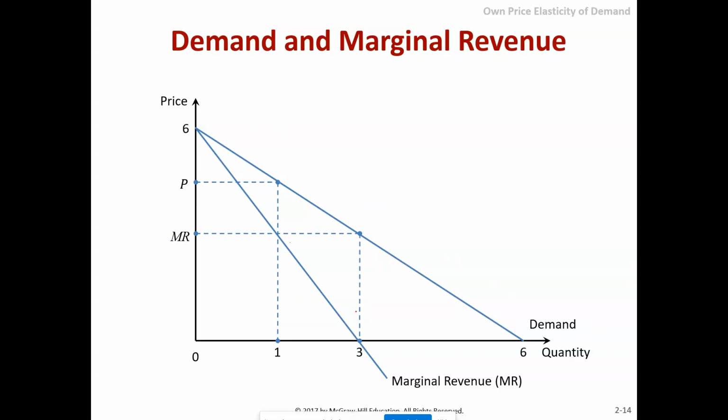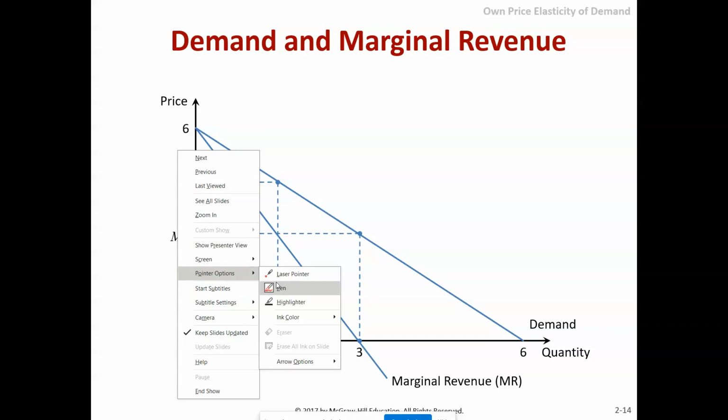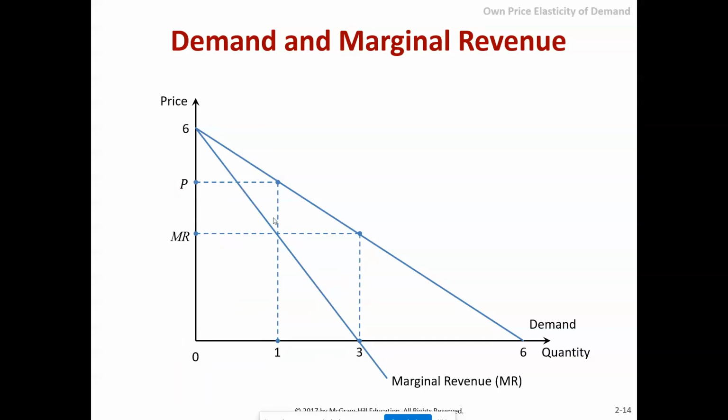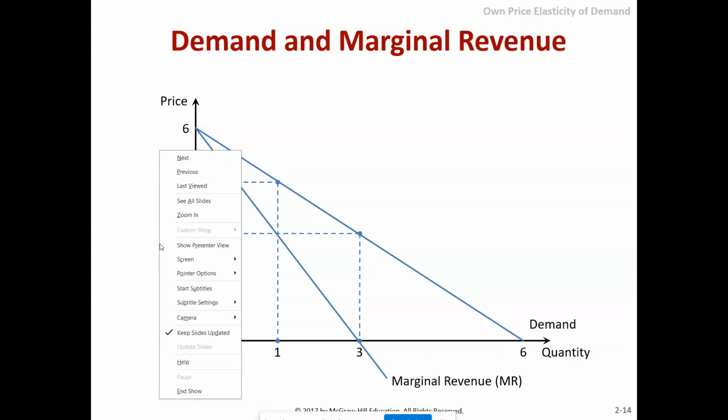So marginal revenue is 0 over here. Actually, this is price. Okay, this is wrong. This is the marginal revenue. This is the price.